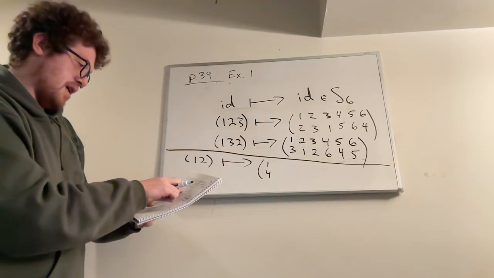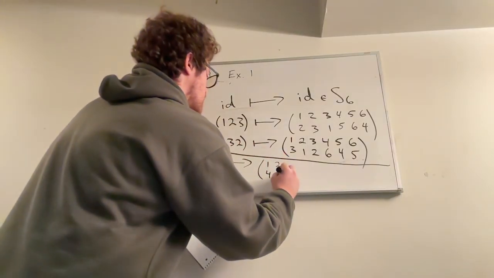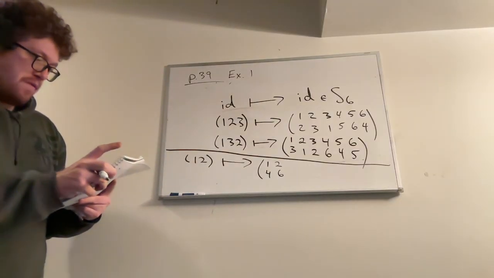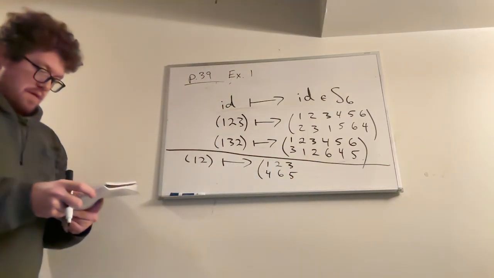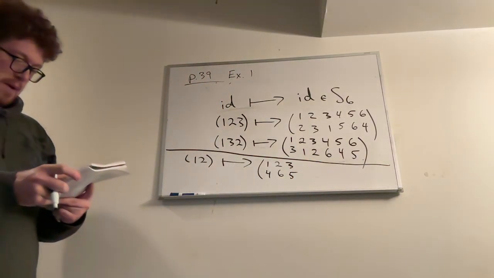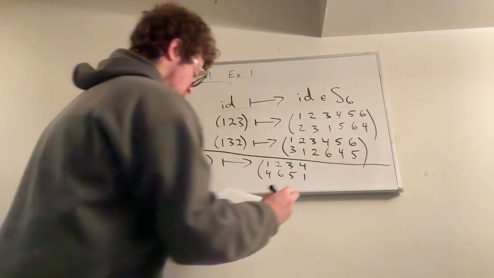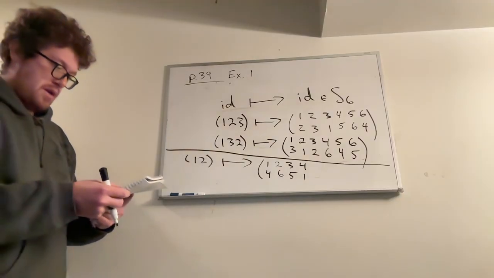The second element goes to the 6th. The third element maps to the 5th. The fourth element maps to the identity, which is the first. And the 5th maps to the 3rd.